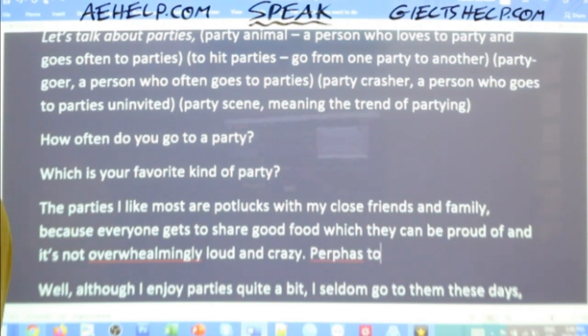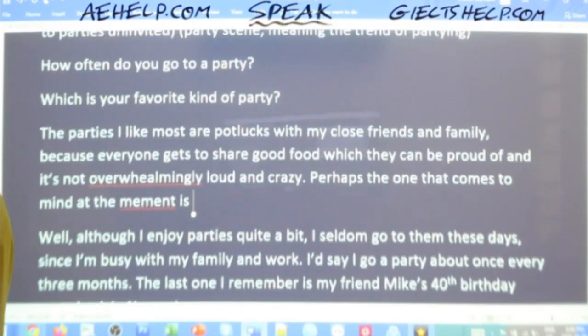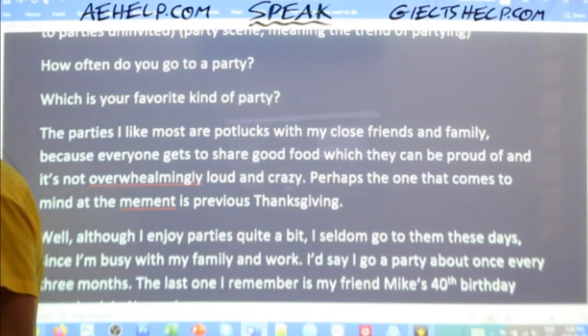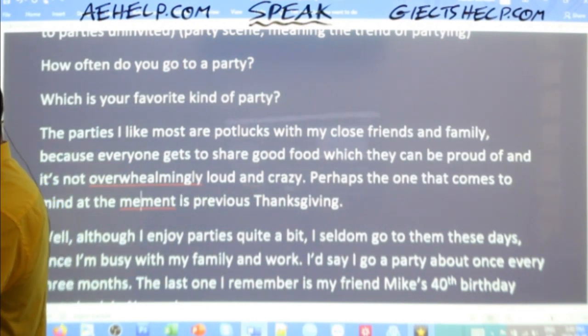Perhaps the one that comes to mind at the moment is previous Thanksgiving. Okay. So, potluck parties, that's a nice vocabulary and cultural exchange there.